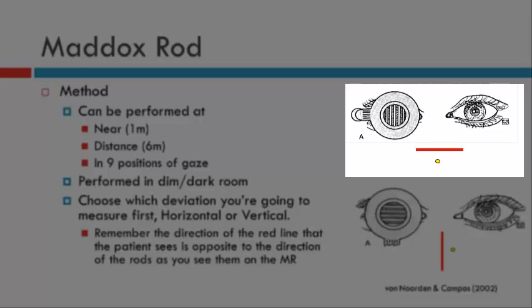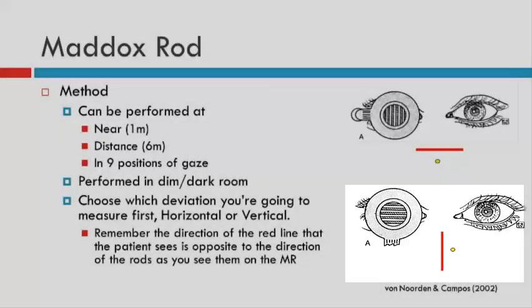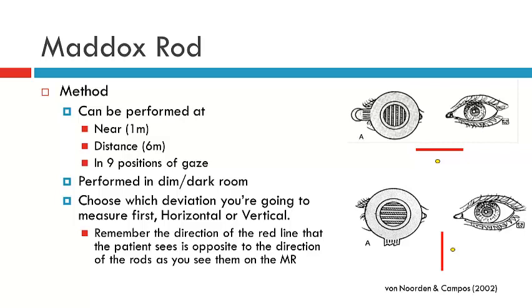In this instance, we're measuring a vertical deviation, and in the image below, we have horizontal rods and a vertical line, and in this instance, we're looking at a horizontal deviation. With the Maddox rod, recall you have to measure each component individually, the horizontal and the vertical.